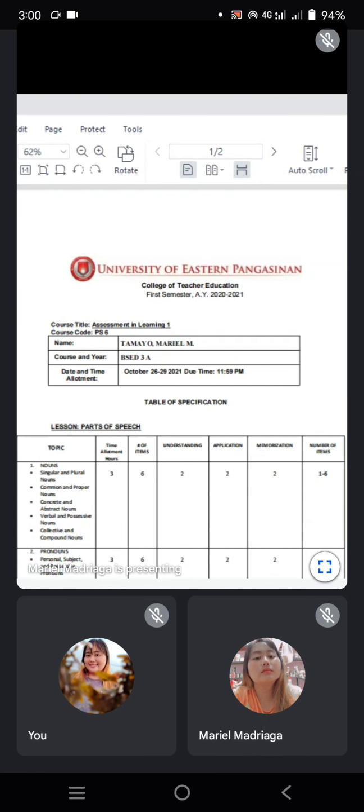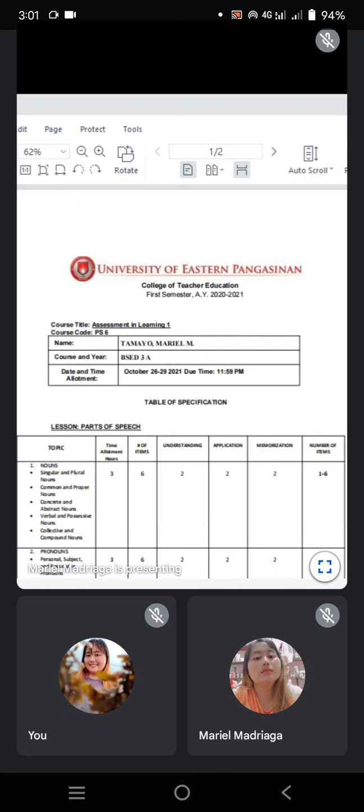Afternoon. So this is my table of specification and my lesson is parts of speech. I have based my lesson on the book entitled Journey to the English for Secondary Level Grade 8 written by Angelo Clement.